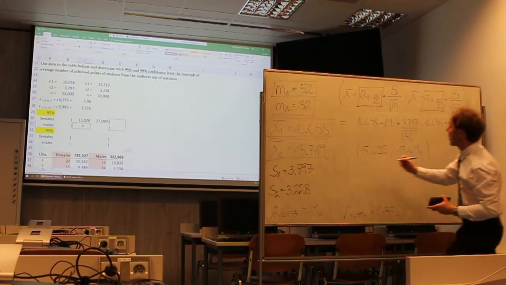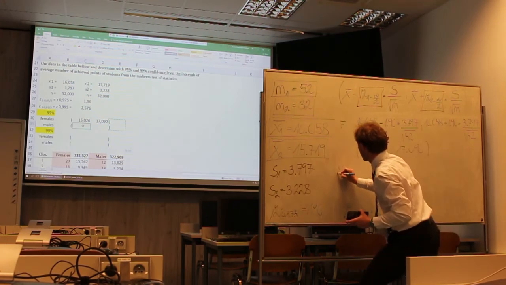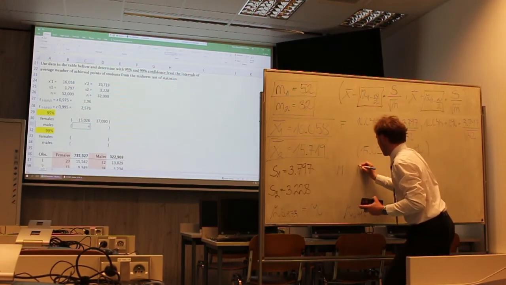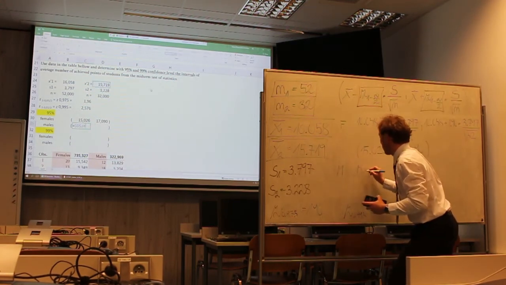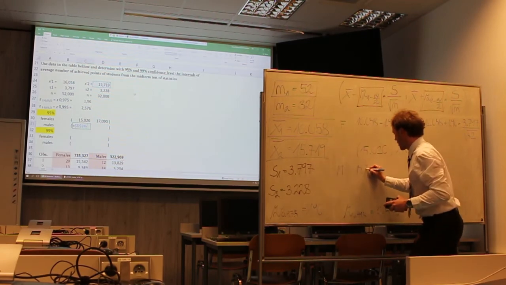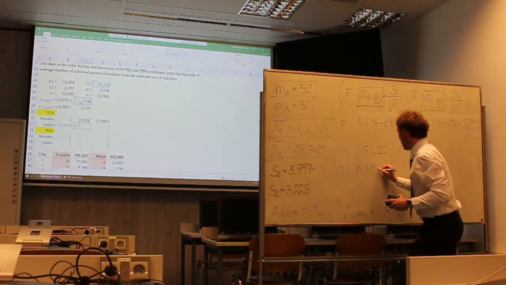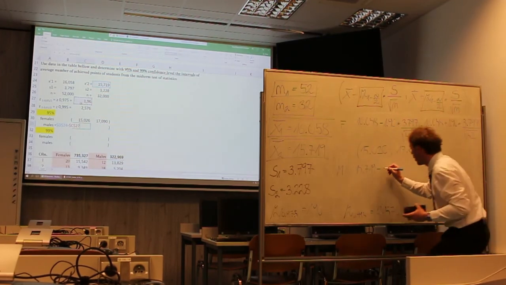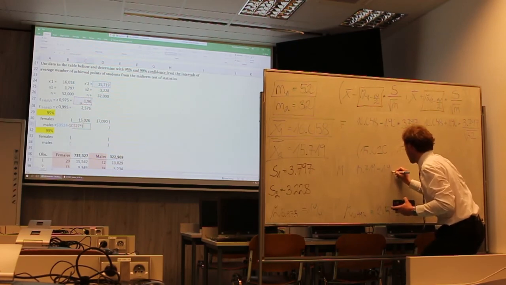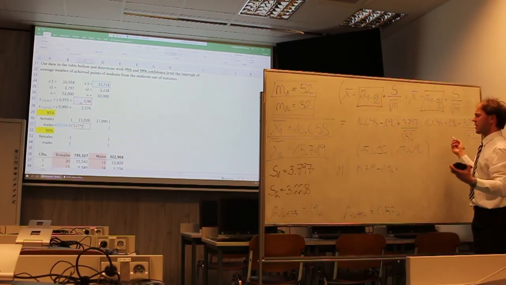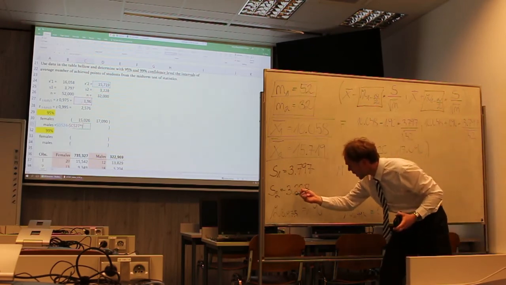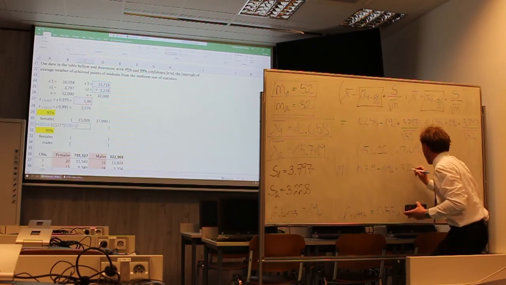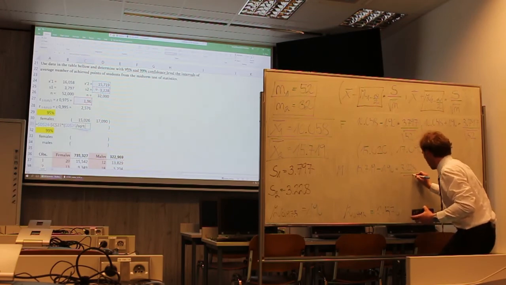We'll continue with males. Left side: 15.719 minus again the 97.5% quantile, 1.96, times the standard deviation for males, 3.228, divided by the square root of n.